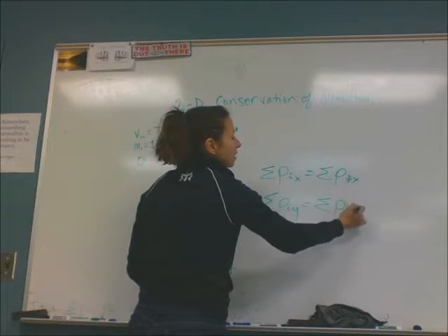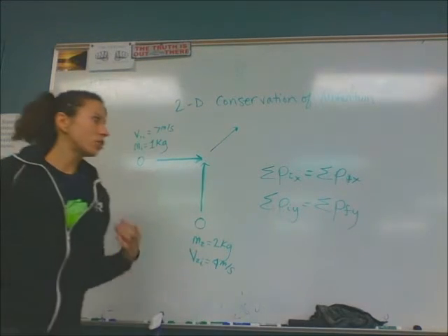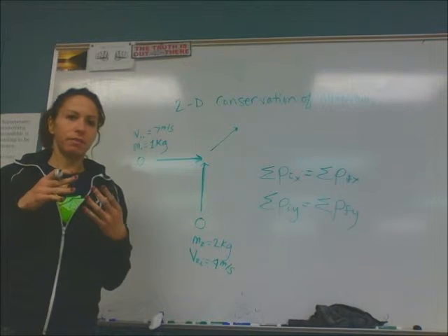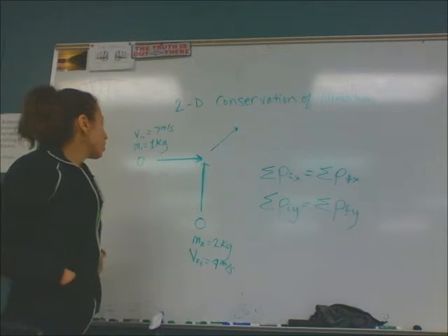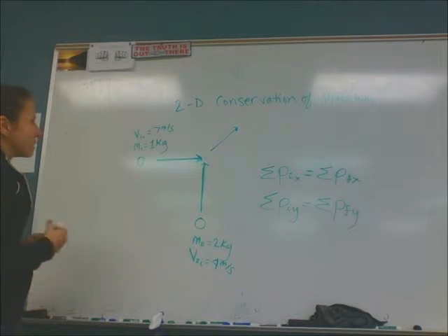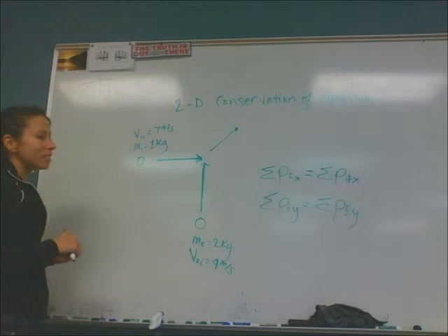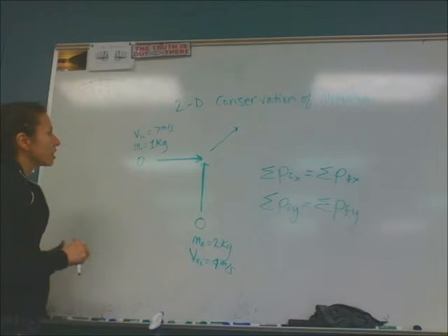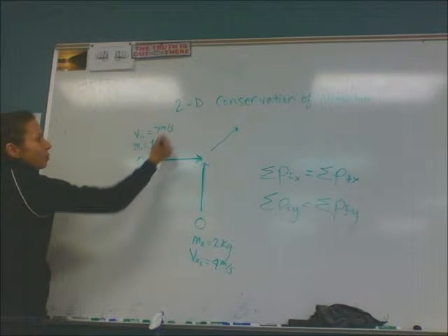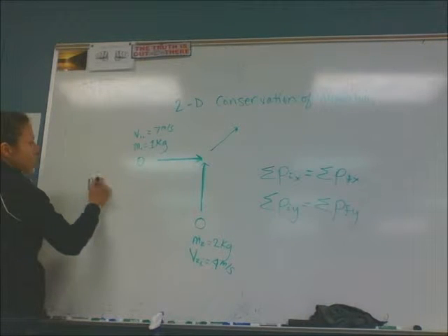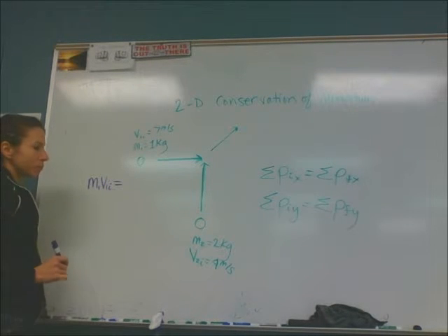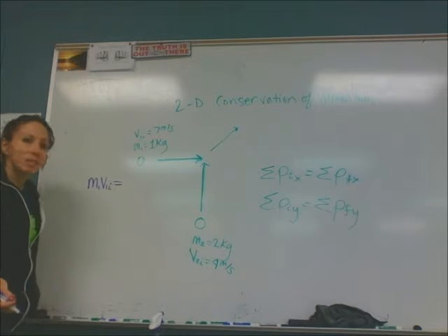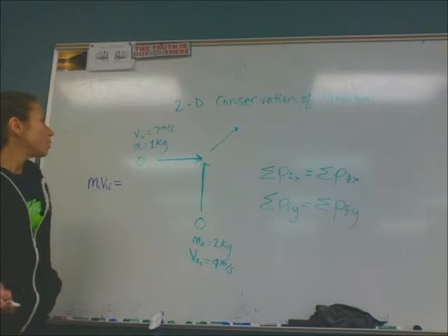Then you ask yourself, what has momentum in the x direction to start with? That is this one here, right? So that's going to be m1 v1 initial equals... After the collision, they stick together. It's perfectly inelastic, which means that after the collision, the momentum is going to be one object that has total mass m1 plus m2.